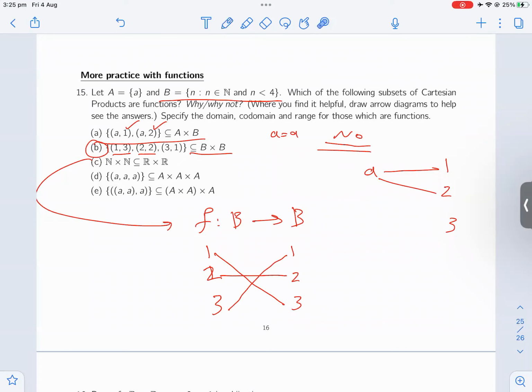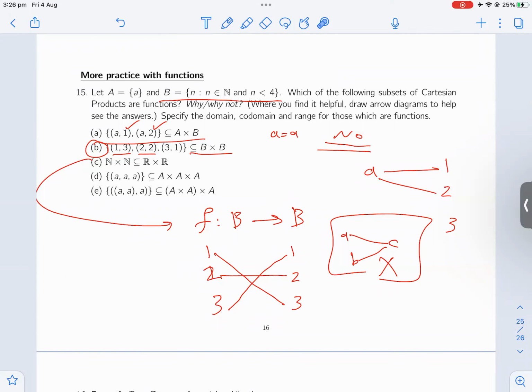It is a function, working properly. It is surjective because we don't have something like this, like C. We don't have something like this. And it is surjective because it covers the whole codomain, because the range is equal to the codomain. And you can do D and E.